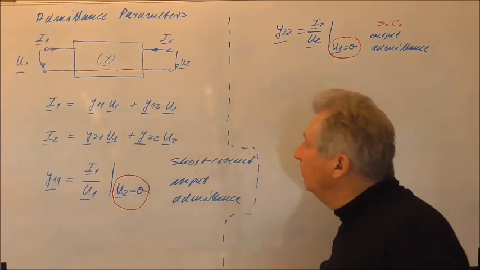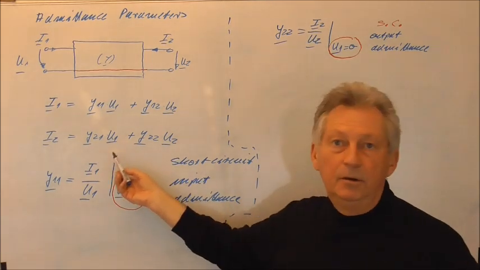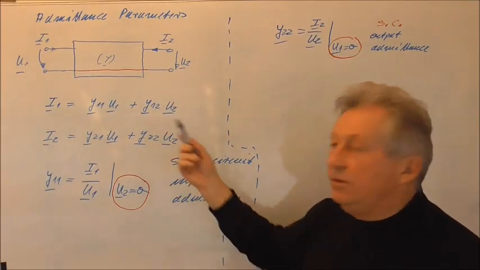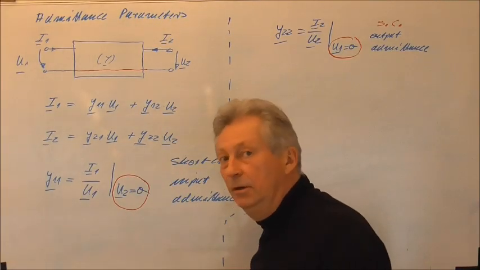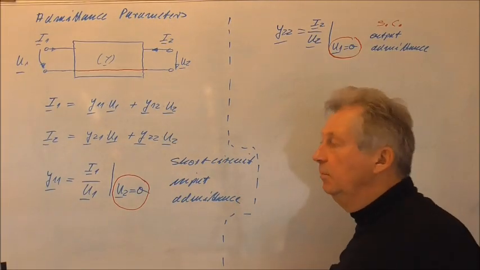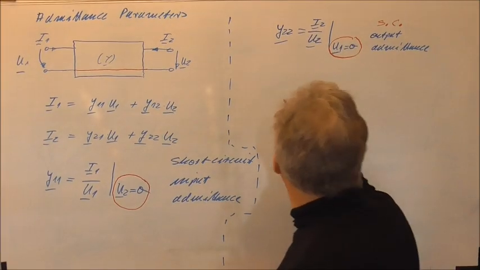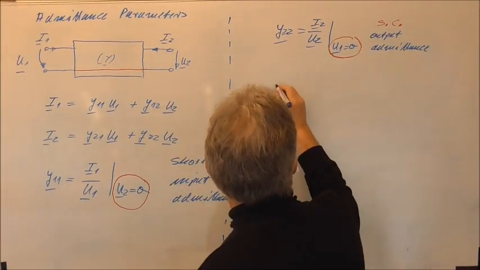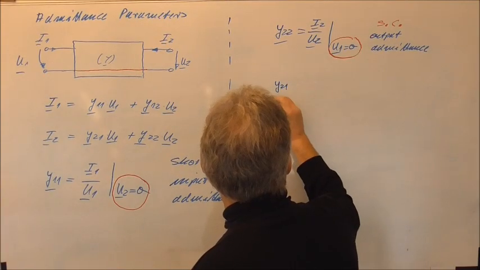And now we come to a very important parameter, especially if I talk about BJTs. We also will use the y parameters to describe the small signal behavior of BJTs. And we can now, for example, define the parameter y21.